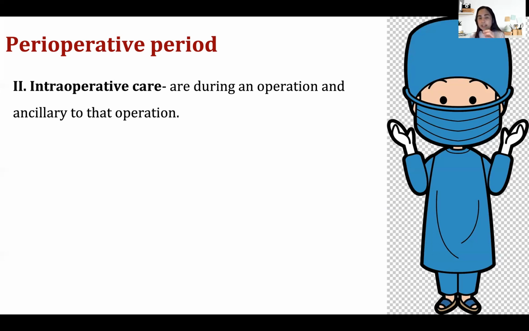So if you are taking care of the patient in the ward and you shift the patient to the operating room, the ones taking care of the patient during the operation are the scrub nurse, the circulating nurse, the doctors, and the other nursing assistant who is assigned in the intraoperative area.